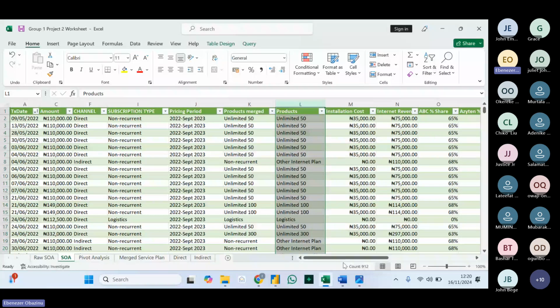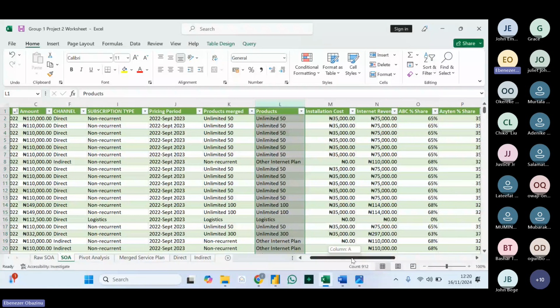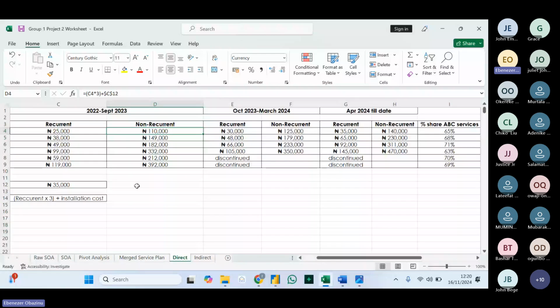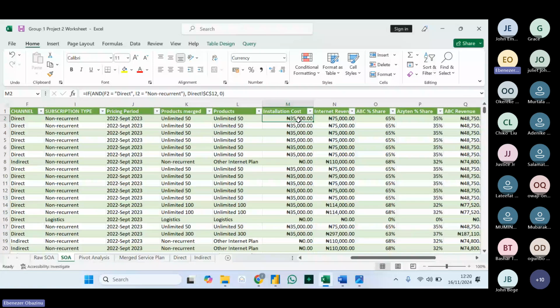Then we did another column for installation cost. So we took note from this table that it's only non-recurrent direct that pay the installation cost. So we also created a complex IF function to take care of that. That is IF and F2, which is the channel, and I2.